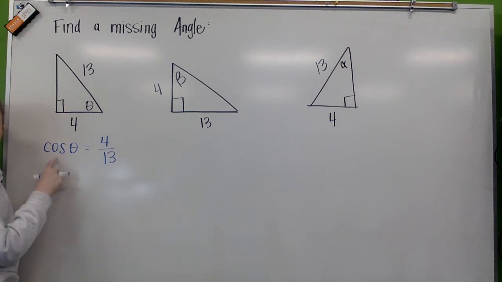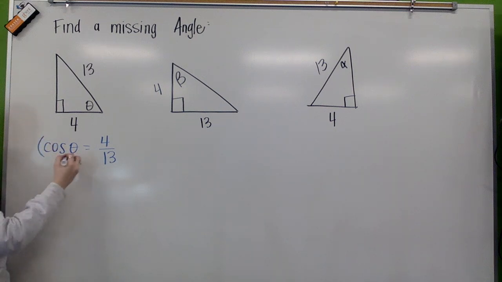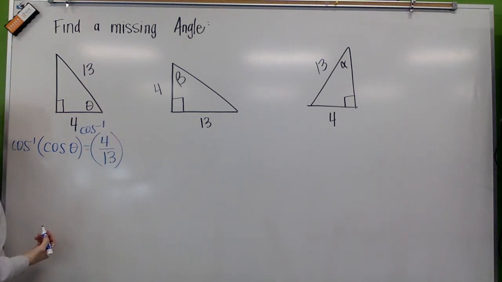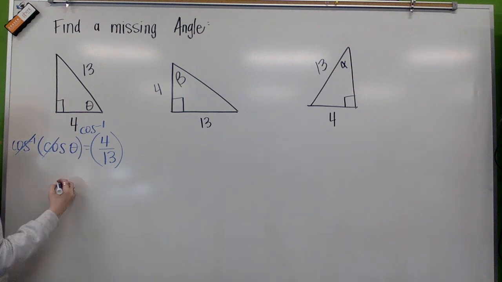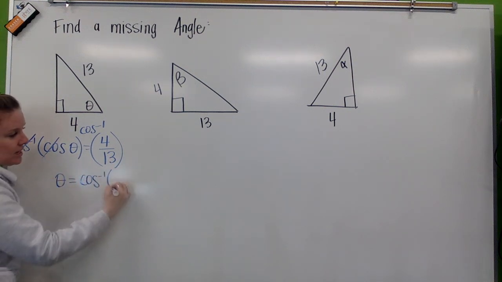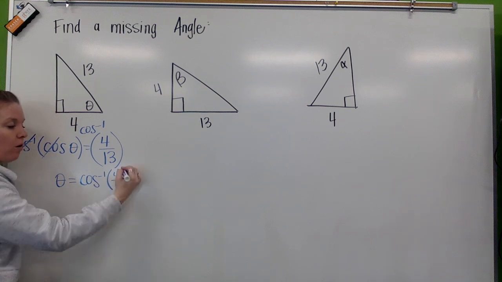The inverse operation for cosine is cosine inverse. So we're going to take the cosine inverse of both sides. The cosine inverse is going to cancel out the cosine, leaving me with theta, and I'm going to get the cosine inverse of 4 over 13.